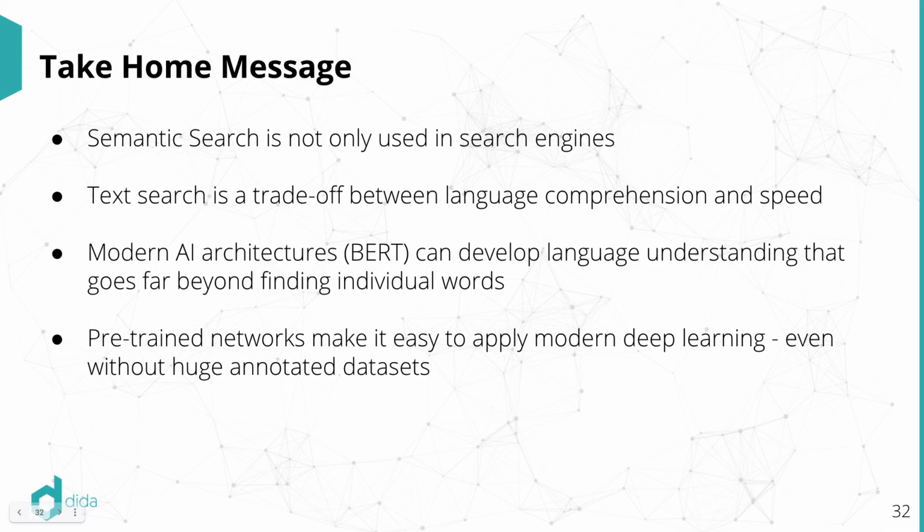It can actually understand context. And the fact that these architectures are available in a pre-trained state makes it very easy to apply modern deep learning, even if I don't have a huge annotated data set, because, if you remember, the first step of BERT training, which is very data intensive, is provided freely on a lot of sites.